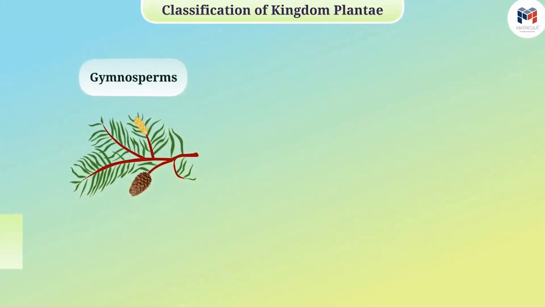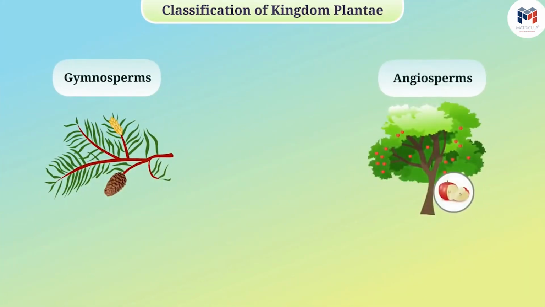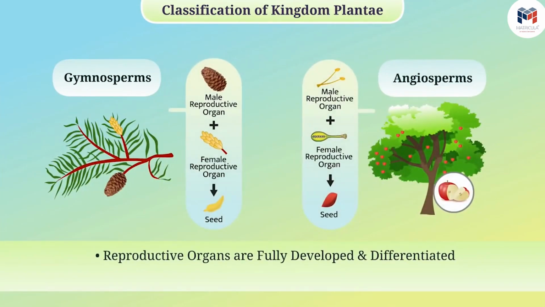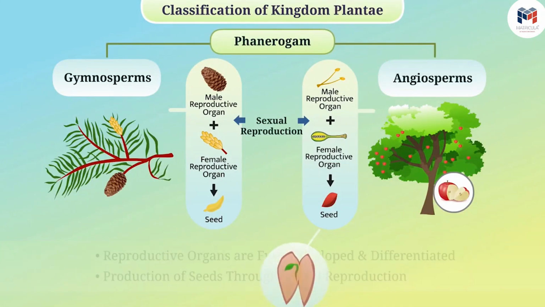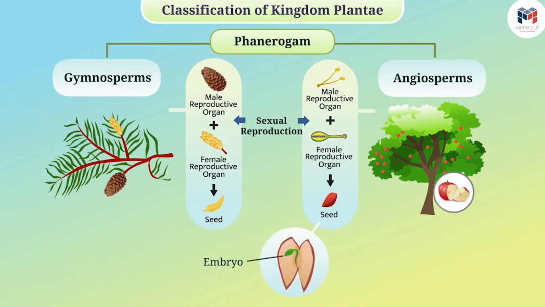But in gymnosperms and angiosperms, the reproductive organs are fully developed and differentiated. They produce seeds through sexual reproduction. Hence, these groups are called phanerogams. The seeds consist of an embryo along with the stored food. When the embryo develops into a new organism, it gets nutrition from the stored food.